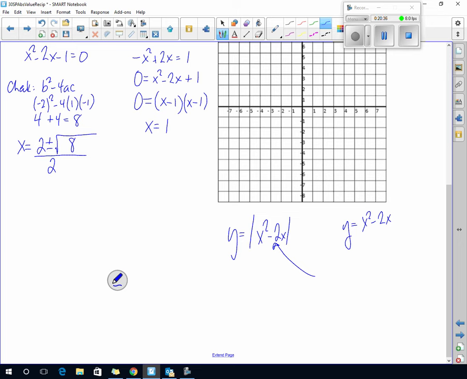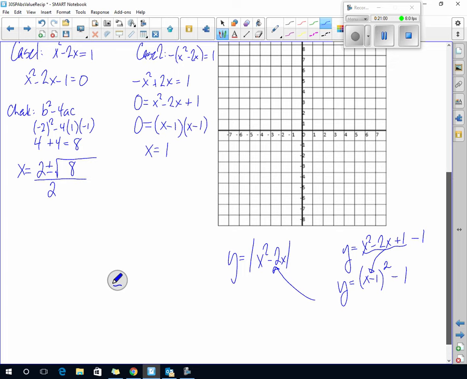In order to add 1, I can't just do that. I have to subtract 1. So there it is: x minus 1, squared, minus 1. So what does that mean? It's a parabola that got shifted right one, down one. And then I have that base one like this: 1, 1, 2, 4. 1, 2, 3, 4.